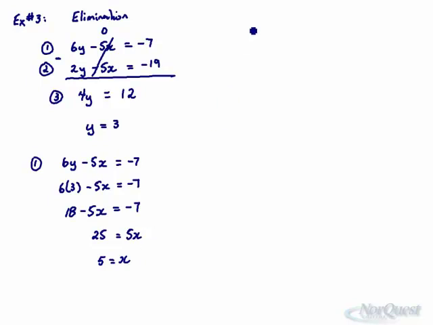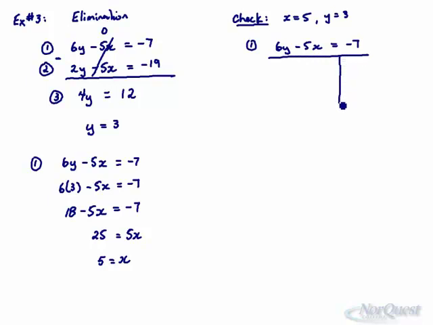Again, you can do a very quick check, which I'll do on the right here. We have x equal to 5, y equal to 3, equation 1, 6y minus 5x equals negative 7. Quick substitution, 6 times 3 minus 5 times 5, 18 minus 25, negative 7 equals negative 7.